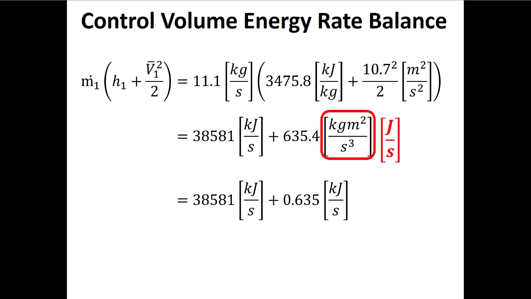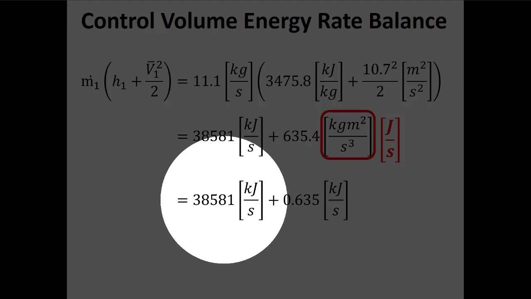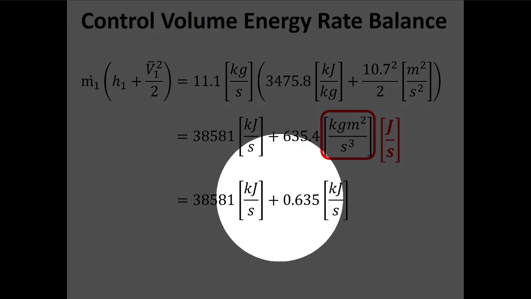So I want you to notice something here. We'll see this as we go through, but a lot of times we'll end up neglecting the change in kinetic energy. And maybe you can see why from this term. From the enthalpy in this term, we get 38,581 kilojoules per second.